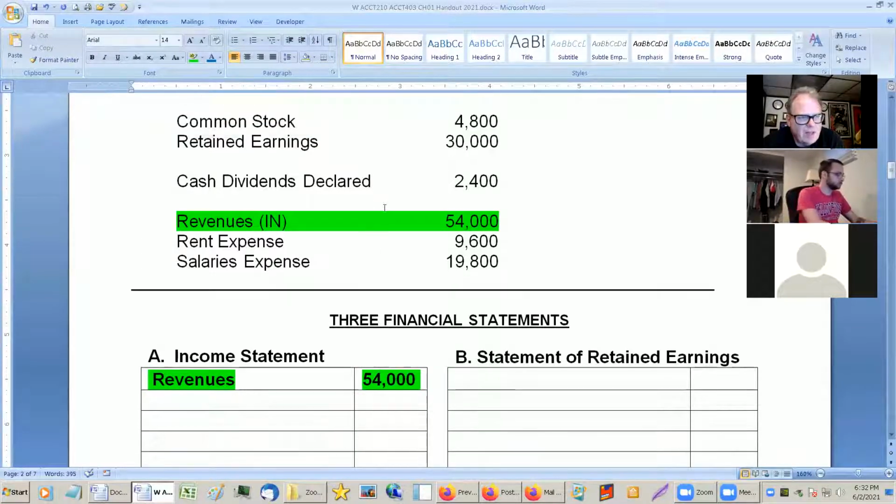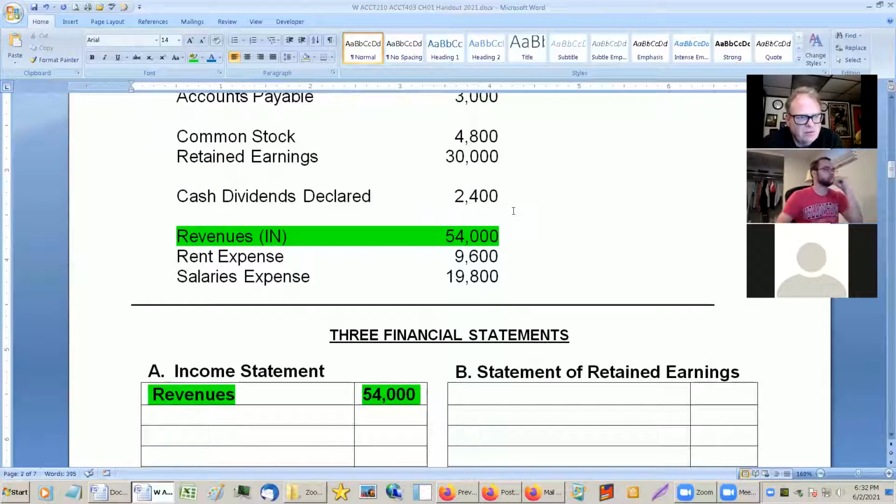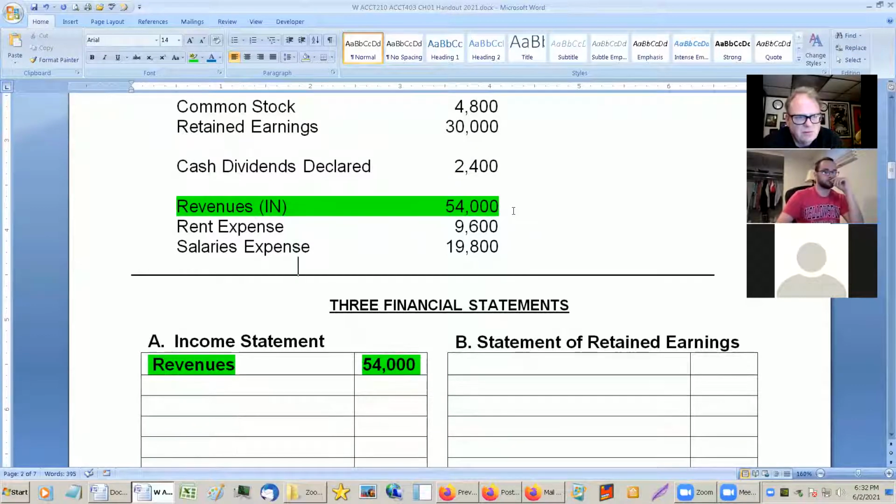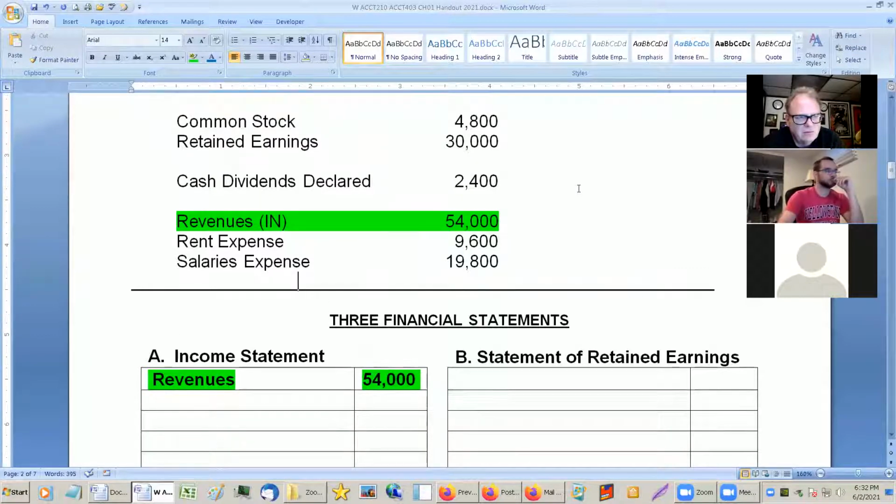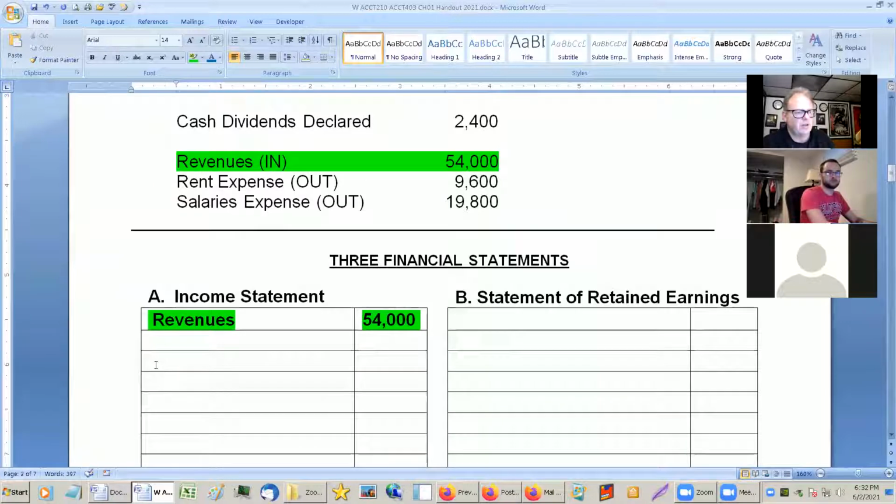What account here looks like money going out? The rent expenses and the salary expenses. Yep. Exactly. So these are money going out. So this is what we're going to compare to our revenues.